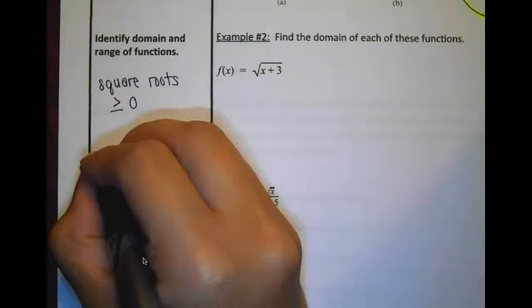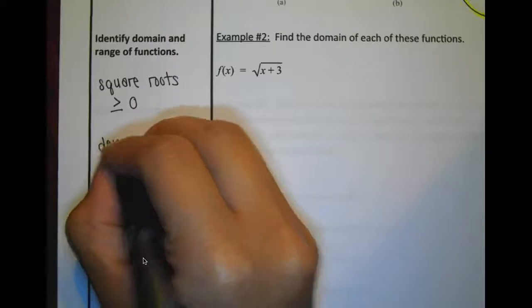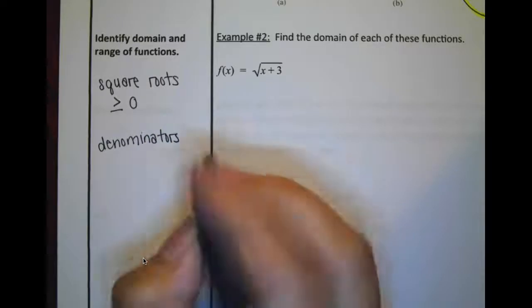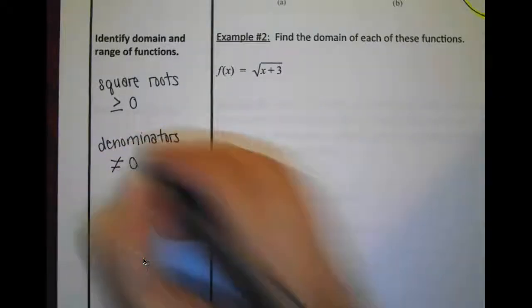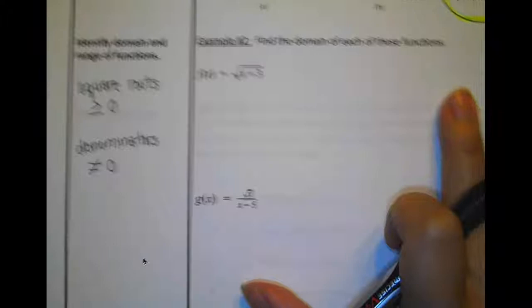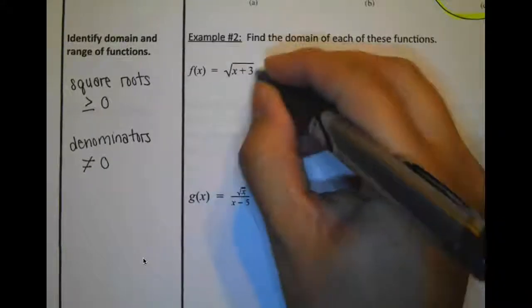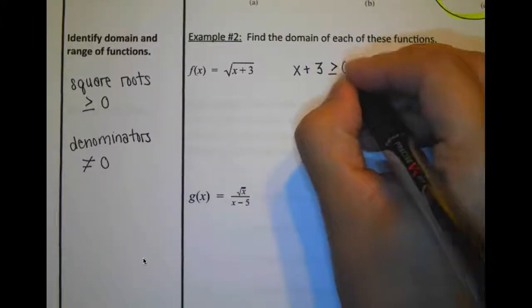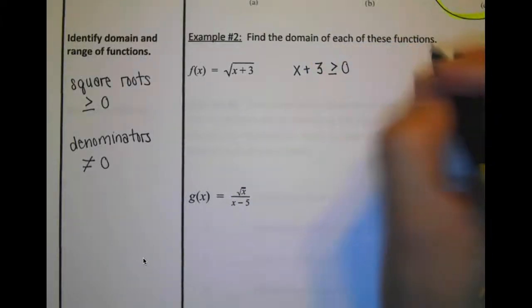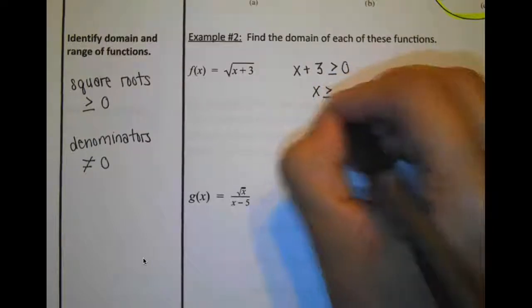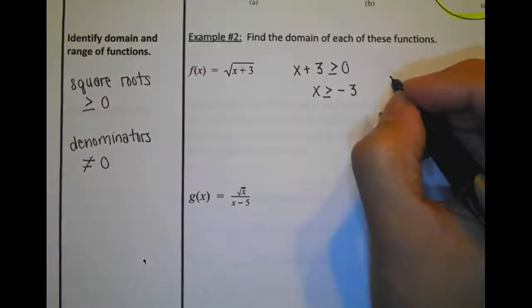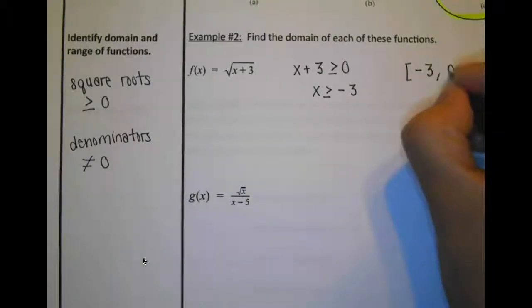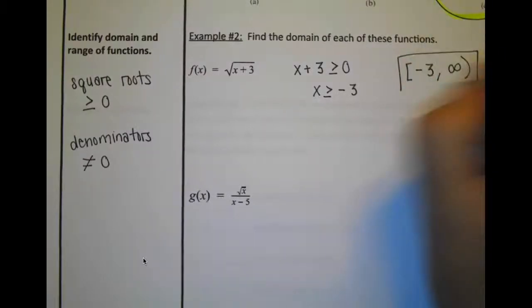And in fractions, denominators cannot be equal to 0. So, if I'm looking for the domain of this, what's inside my square root, in this case x plus 3, must be greater than or equal to 0. So if I solve for x, x must be greater than or equal to -3. In interval notation, that is -3 to infinity, including -3.